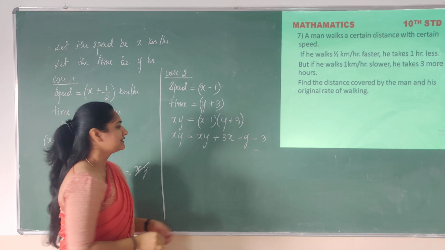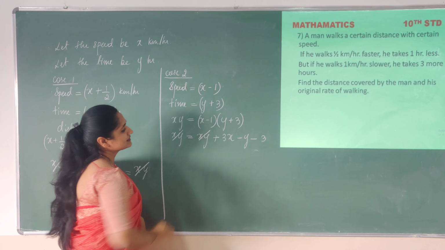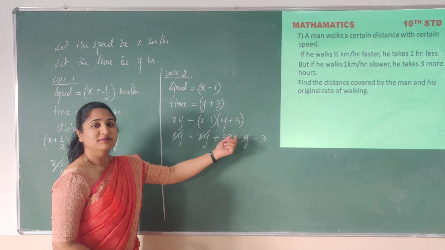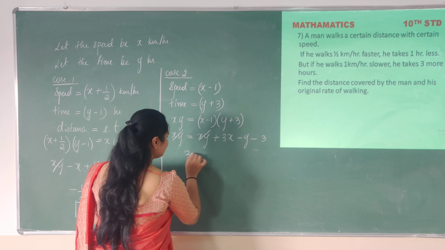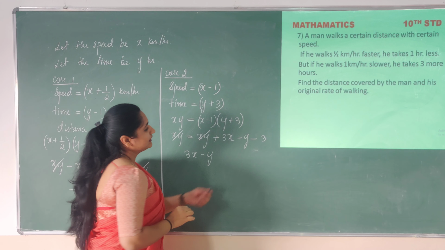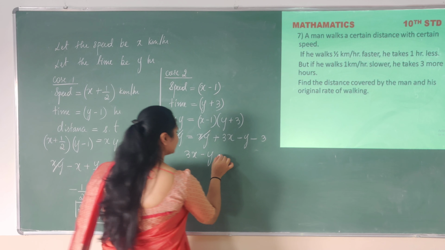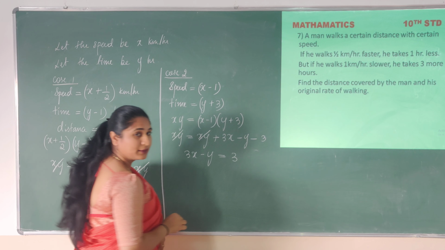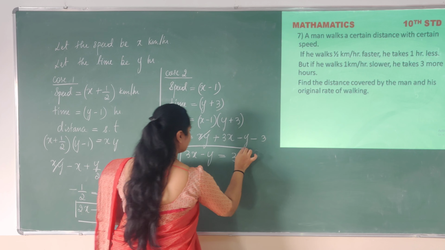Now we simplify by cancelling xy on both the sides. We keep 3x minus y on one side, and take minus 3 to the other side, so it is equal to 3. Let this be our equation 2.